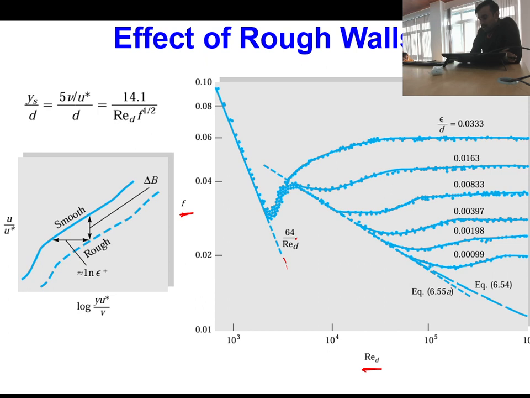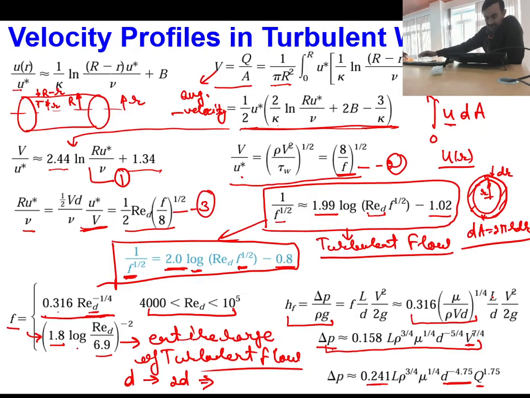In case of turbulent flow, you can see the previous equations: friction factor equal to 0.316 into Reynolds number power minus 1 by 4, or 1.8 log of Reynolds number by 6.9, minus 2.